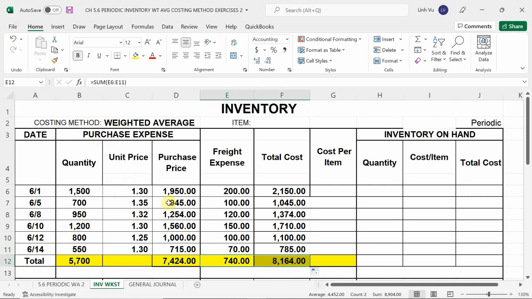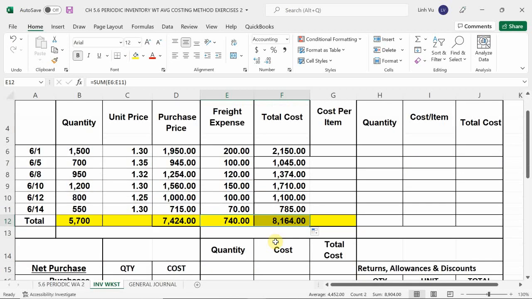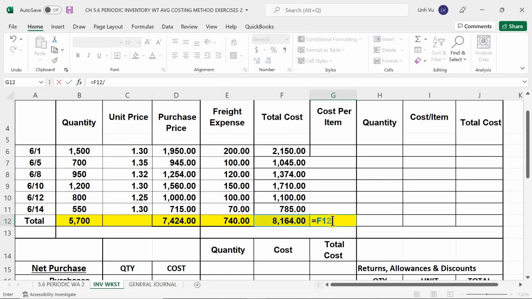So there you go. Now that we have this, we should start calculating our average cost because in this case we don't have beginning inventory and no returns. So I need to solve for my average here, which is going to be the $8,164 divided amongst 5,700 units.